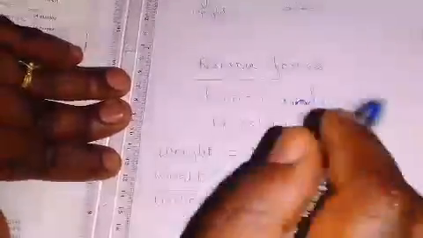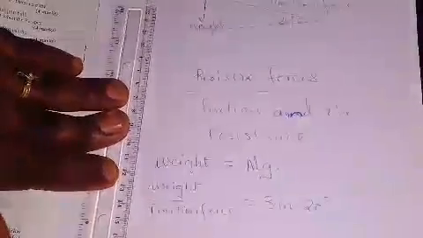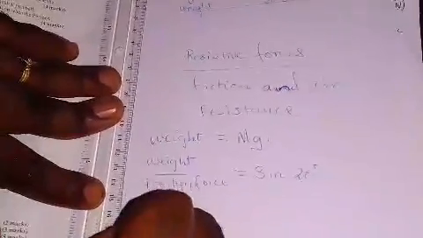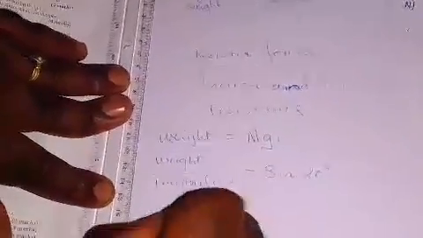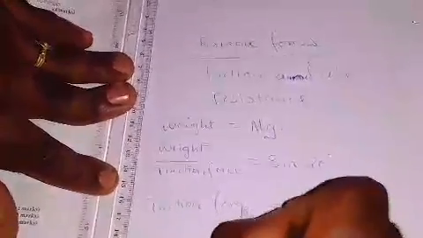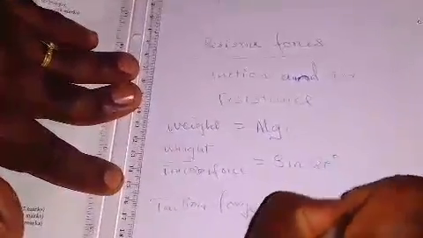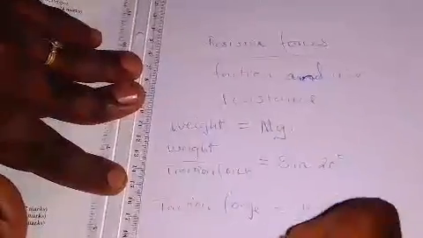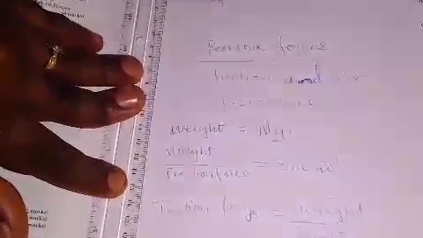Sine. Opposite over hypotenuse is sine 20 degrees. Meaning that we can say that our traction force will be equal to weight divided by sine 20 degrees.